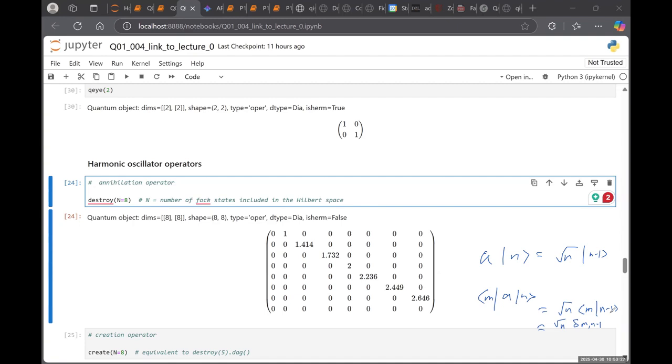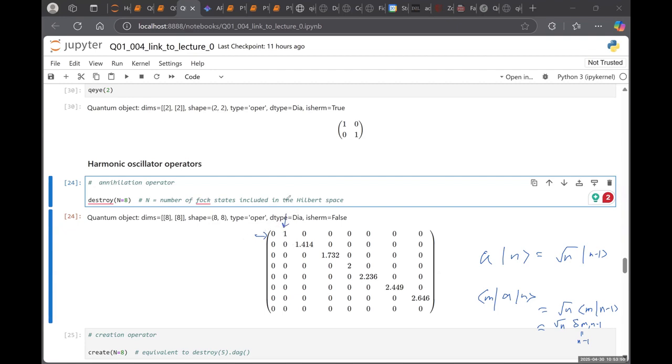So this is the off-diagonal matrix, with the first index m and the other one, where m is n minus 1. And this is what?